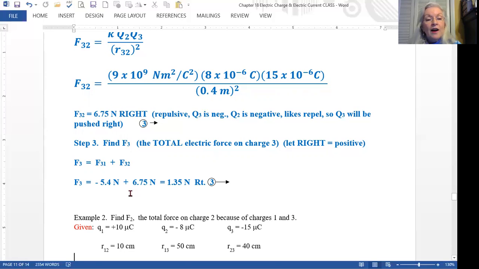So negative 5.4 plus 6.75 gives us 1.35 newtons, because force is measured in newtons. And I know it goes right because my answer was positive. So charge 3 is going to go to the right because of charges 1 and 2. All right, let's look at another example.